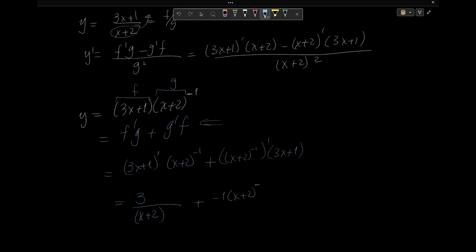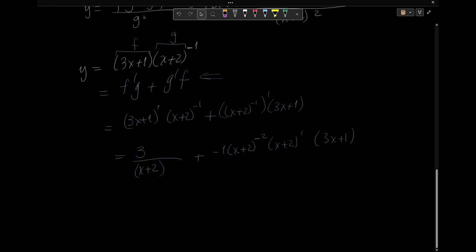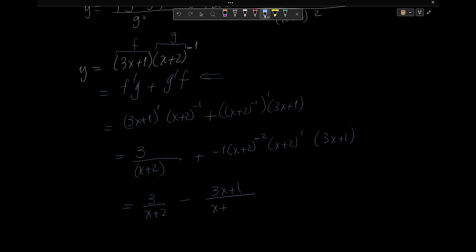X plus 2 to 1 less power times the derivative of x plus 2. Okay? Times 3x plus 1. Here we have 3 over x plus 2. The minus. Derivative of x plus 2 is 1. 1 times 3x plus 1 is 3x plus 1. And I bring this down.